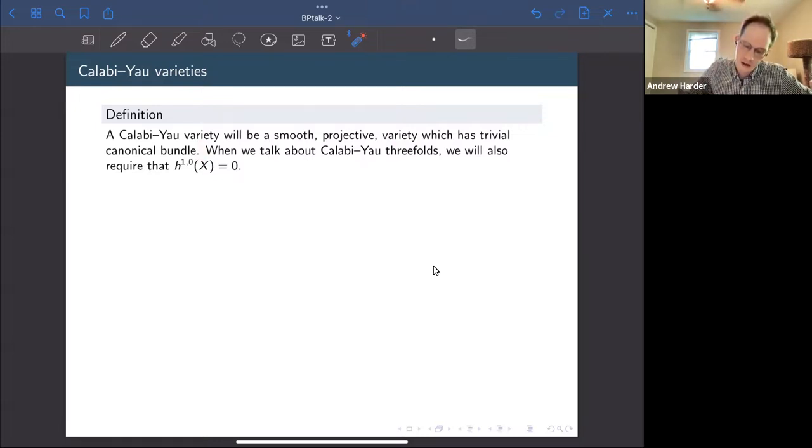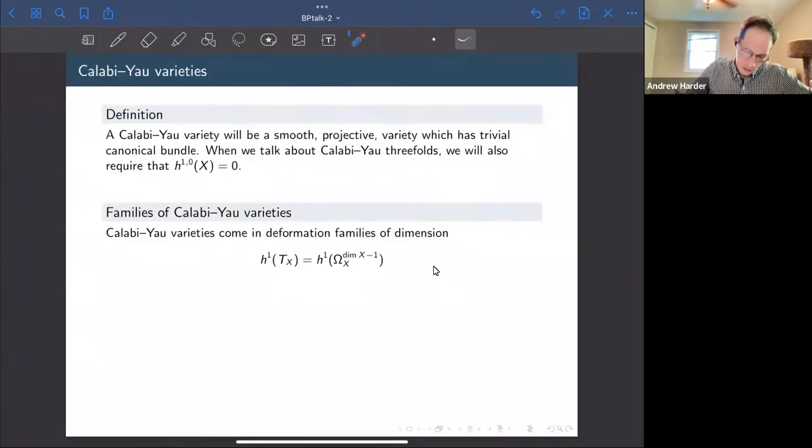But when I talk about Calabi-Yau threefolds, so three-dimensional Calabi-Yau varieties, I'm usually also going to assume that H^{1,0} is equal to 0. So for me, a Calabi-Yau threefold will have Hodge diamond 1, 0, 0, 0, with some A here, 1, B, B, 1, and then you have the obvious symmetries. So when I say Calabi-Yau threefold, I have zeros in these places. That's the main thing.